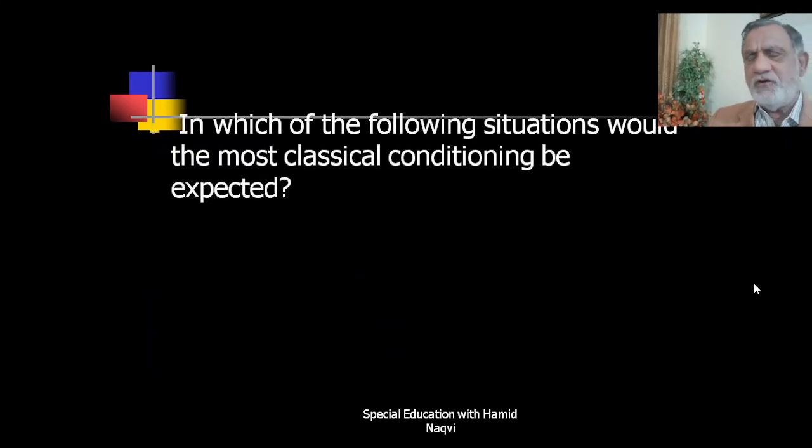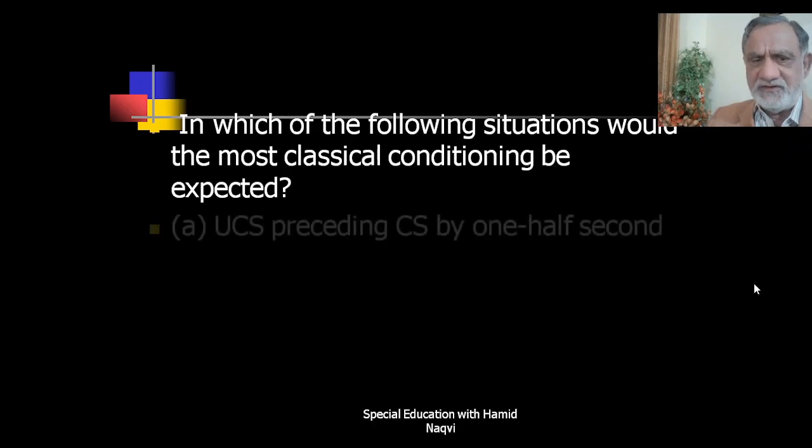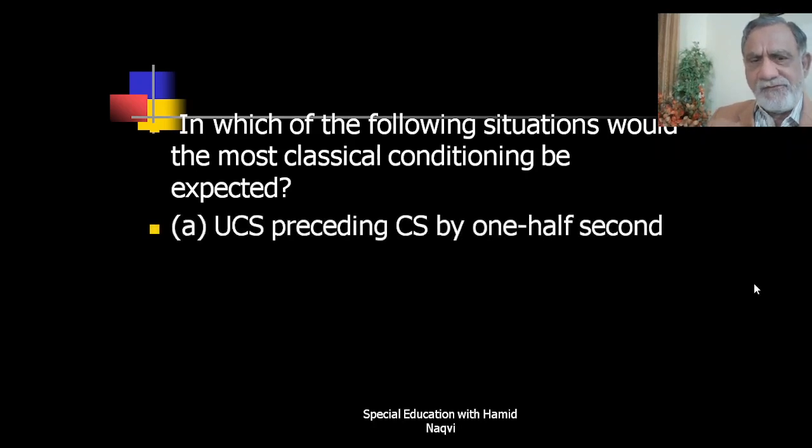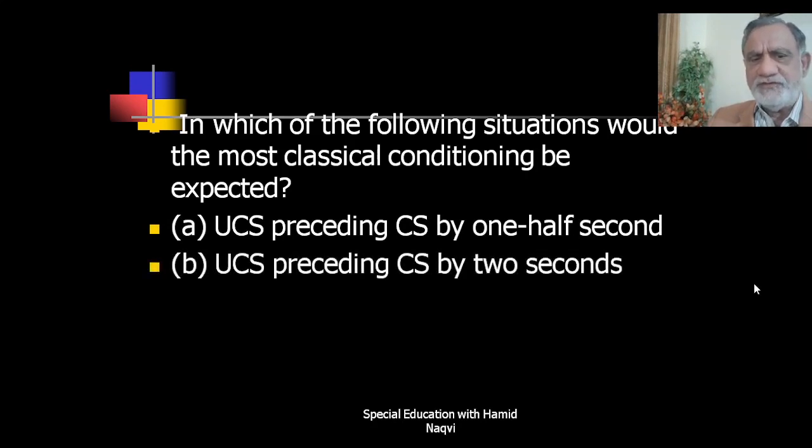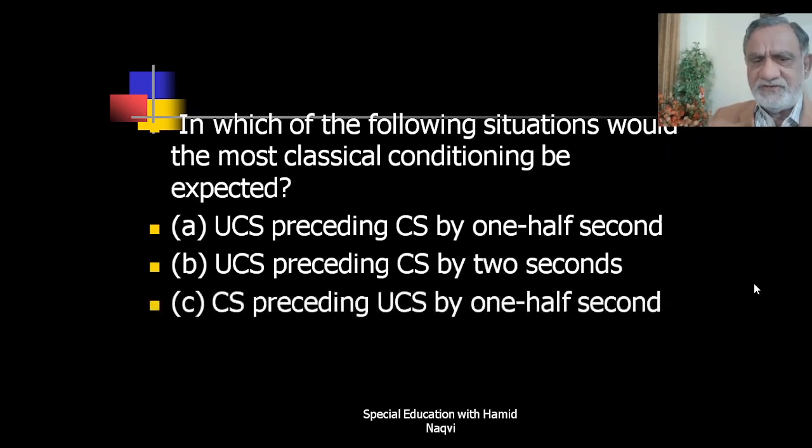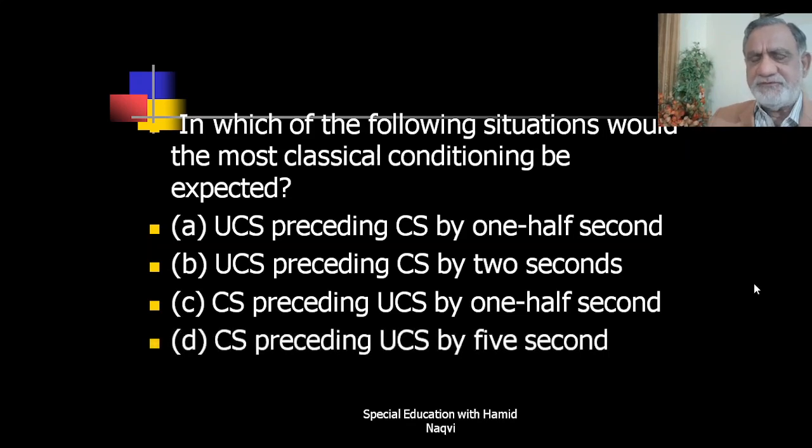In which of the following situations would the most classical conditioning be expected? UCS preceding CS by 1/2 second, UCS preceding CS by 2 seconds, CS preceding UCS by 1/2 second, or CS preceding UCS by 5 seconds.